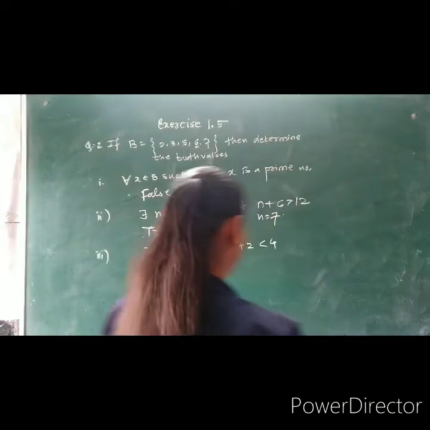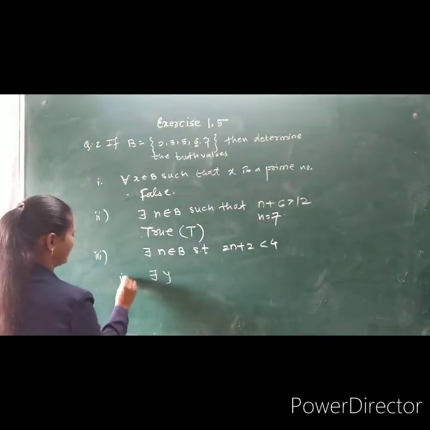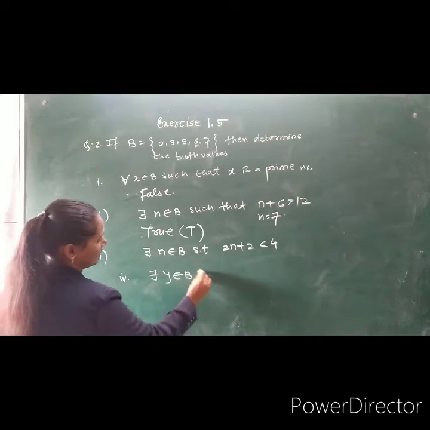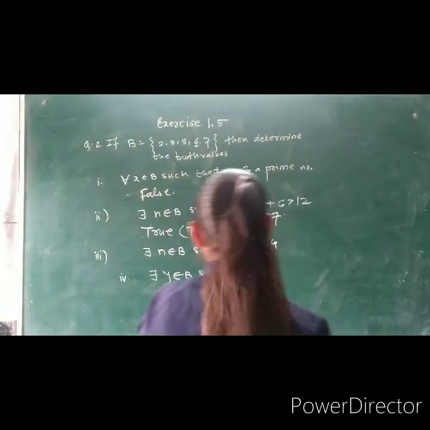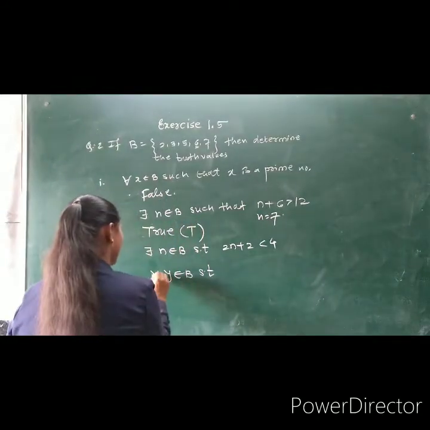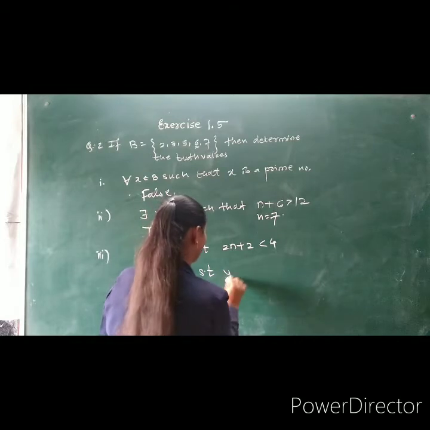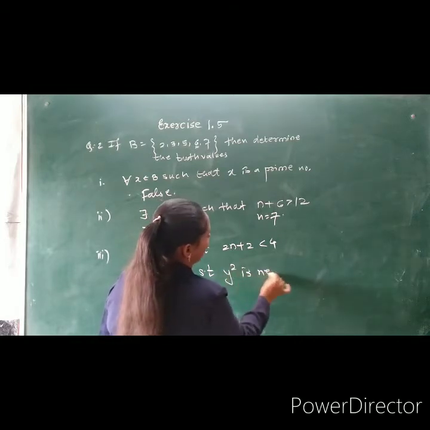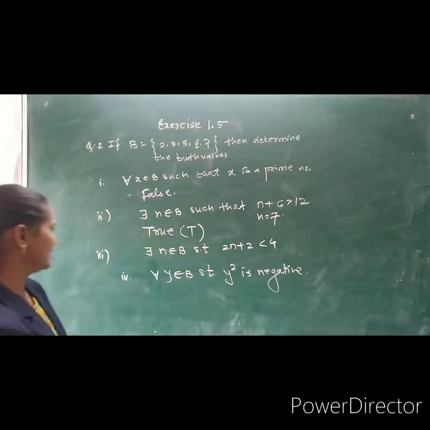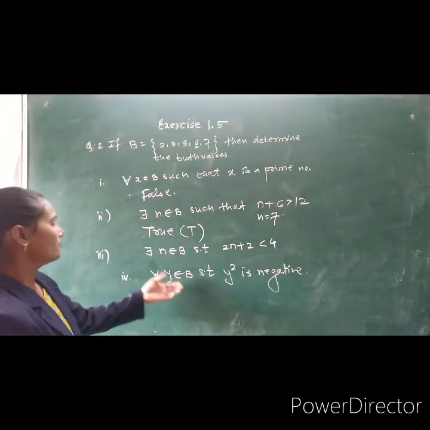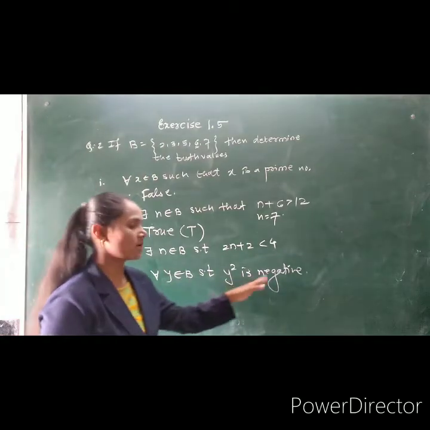There exists y in B such that y square is negative. For all values of y in the set B, y square is negative.